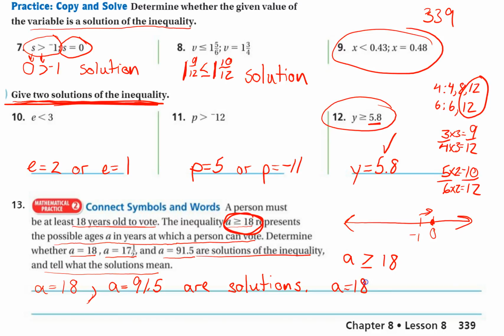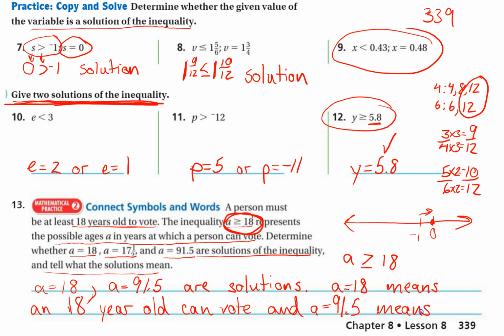A equals 18 means, because it says what do the solutions mean, an 18-year-old can vote, and A equals 91.5 means a 91.5-year-old can also vote.